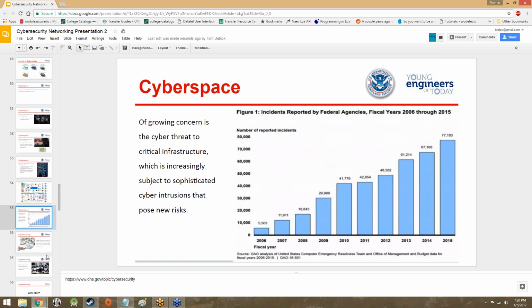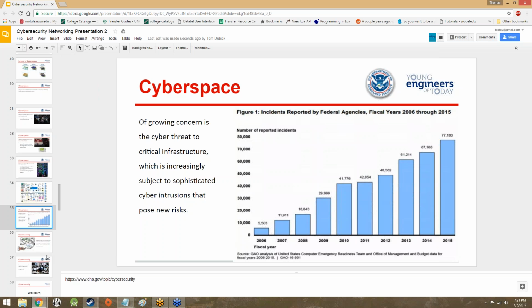Another thing that is of growing concern to the cyber threat is that to critical infrastructure, which is increasingly subject to sophisticated cyber intrusions that pose new risks. As our infrastructure depends more and more upon internet-enabled and complex computerized systems in order to regulate themselves without as much human intervention, that also means there is a higher possibility for things to fail with a malicious attack.